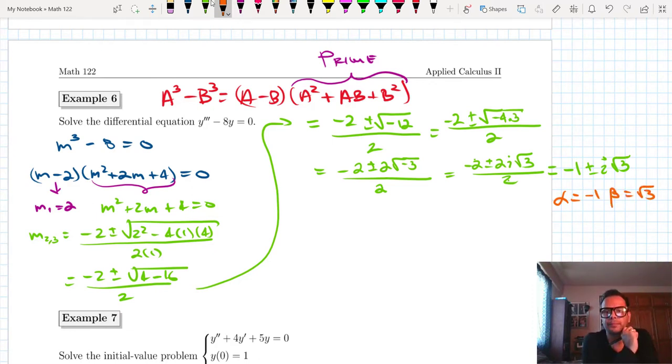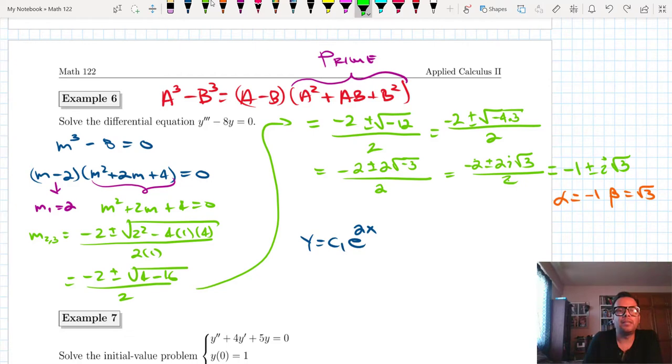Okay, so let's build a solution for this equation. For the first part that we already got, the general solution will be y equals c1 e to the 2x. Where is this coming from? So this guy right here, it's coming from here.